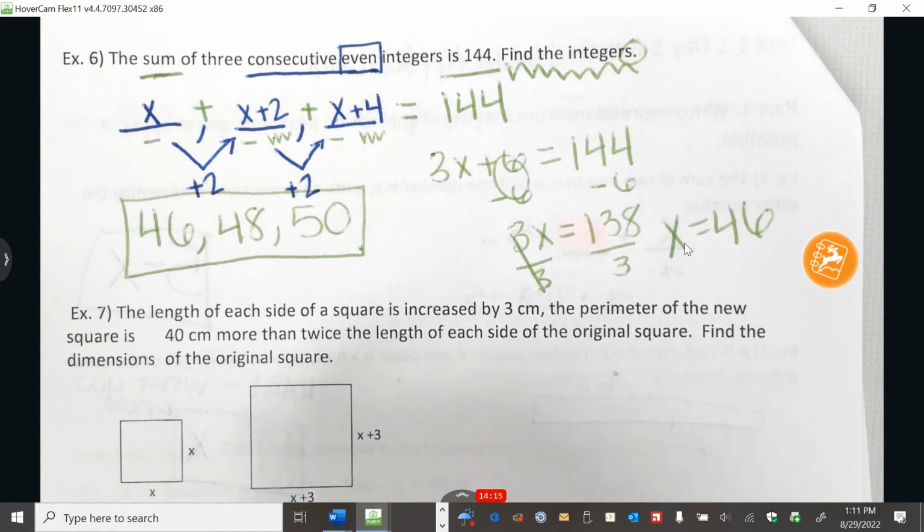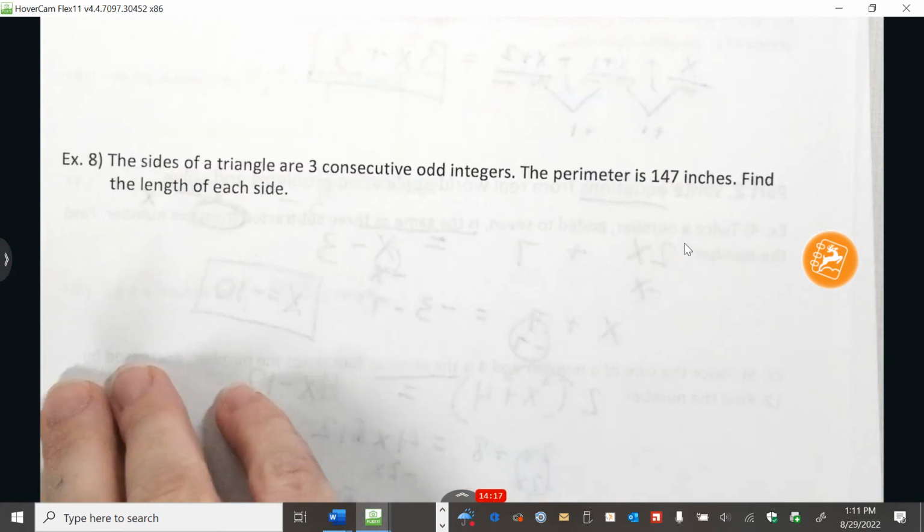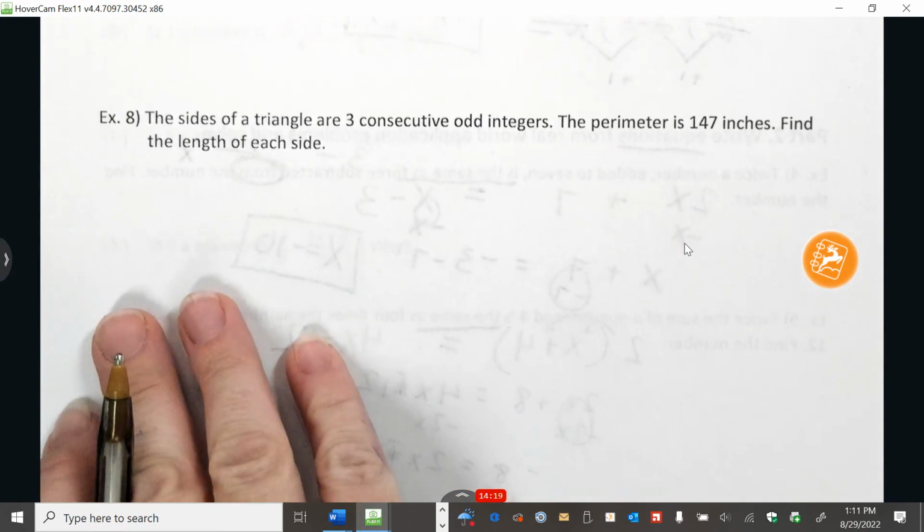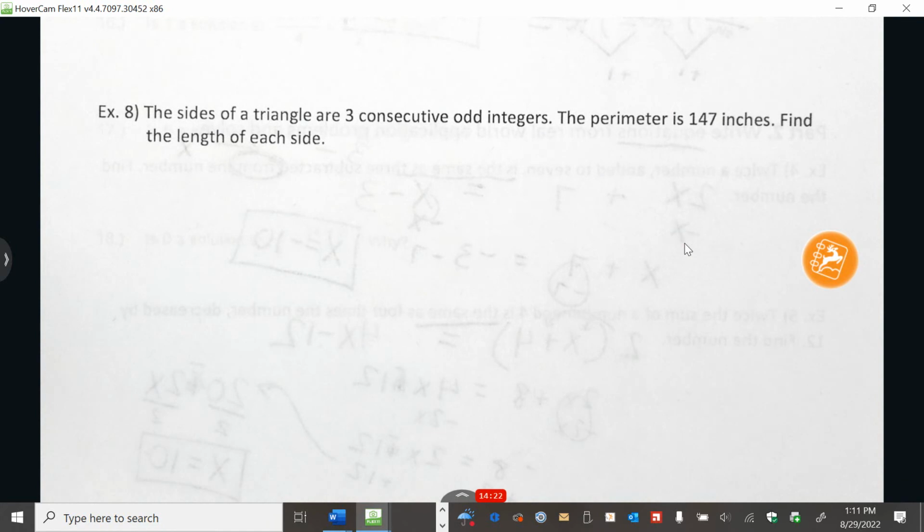Okay, I actually want to skip number 7 and do number 8 first, and then we'll go back to number 7. So I want y'all to try to set it up, even if it's just the number line part. Because what word do we see? Consecutive. So we're going to do the little number line thing again.